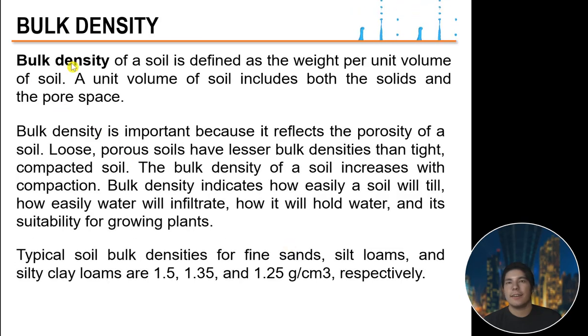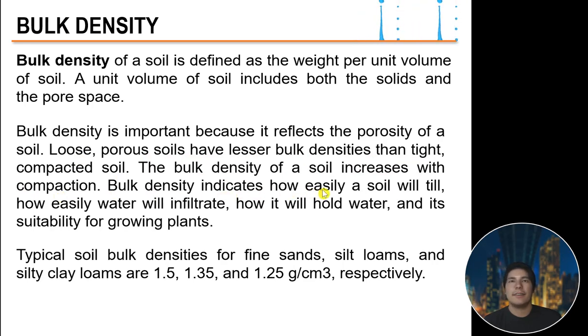So yung bulk density naman, it is defined as the weight per unit volume of a soil. The unit volume of a soil includes both the solids and the pore spaces, bali yung parang volume total niya na. Yung bulk density is important because it reflects the porosity of a soil. Loose porous soil has lesser bulk density than tight and compacted soil. The bulk density of a soil increases with compaction.